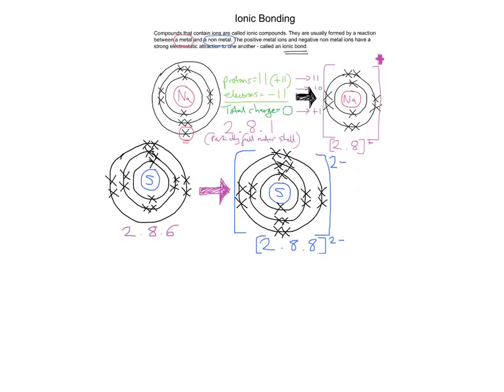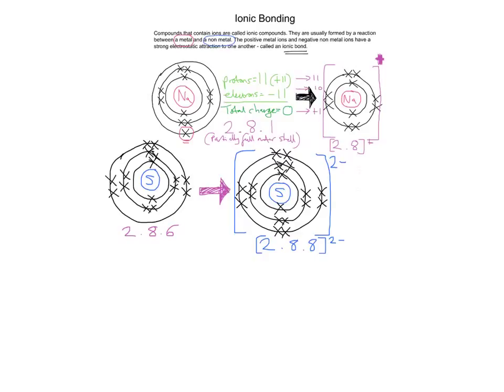between having a +1 charge and a 2- charge, because you change the number depending on how many electrons are transferred. But as a full example, I'm going to talk you through the reaction between a sodium atom and a chlorine atom.